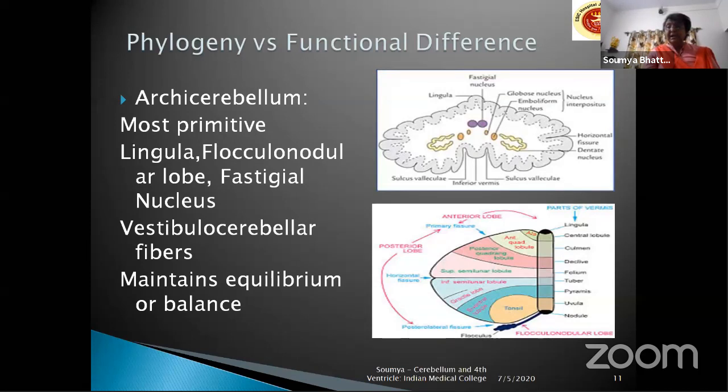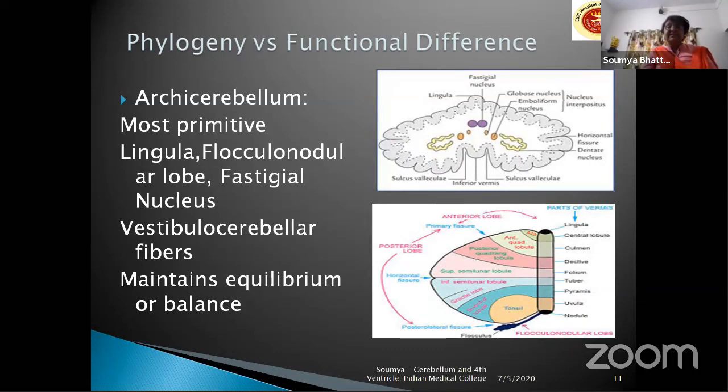So these are the three structures which are the most primitive to arise in our cerebellum, and we learned how to stand, how to balance ourselves, how to maintain equilibrium, how not to fall, but to keep ourselves erect.